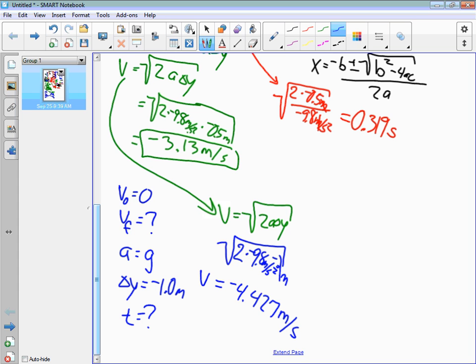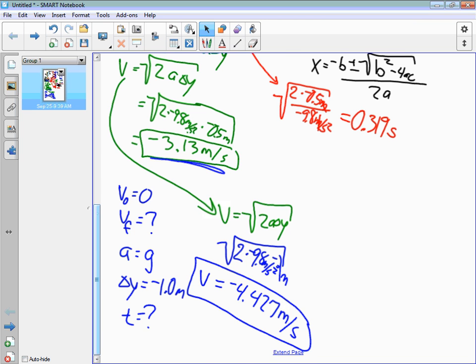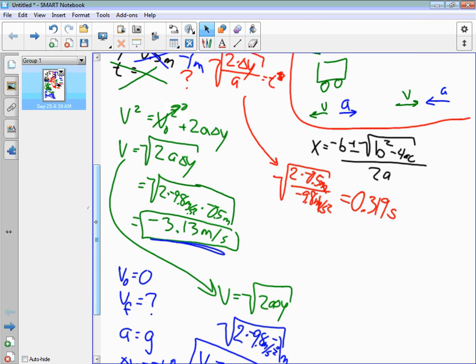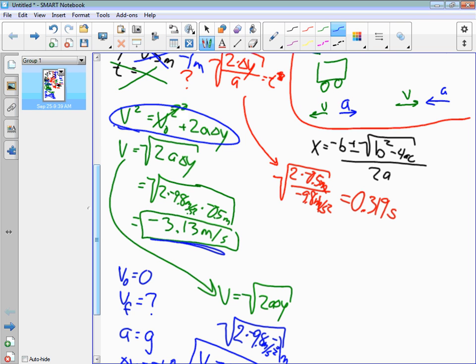How does this number compare to the previous one? Twice as much, right? No. If I look back at my original equation, what was the relationship it was telling me?